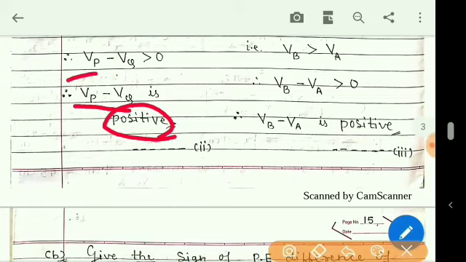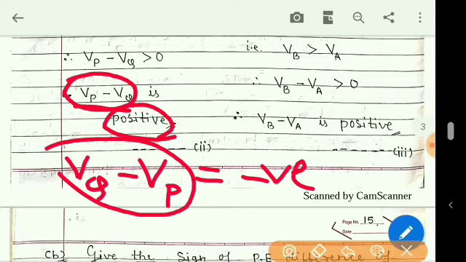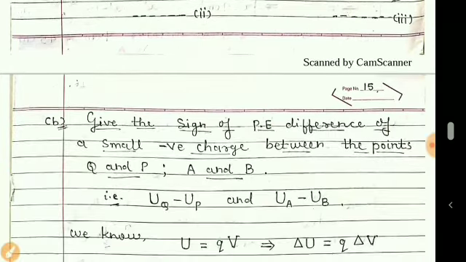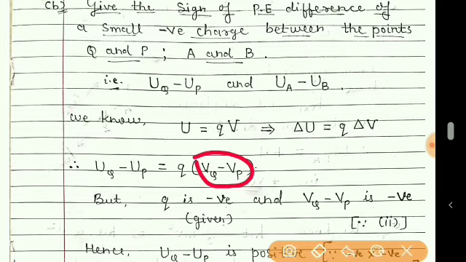So if VP minus VQ is positive, then what will be VQ minus VP? That will be negative. So VQ minus VP will be negative, and here that is given VQ minus VP, which will be negative, into this charge, which is negative.